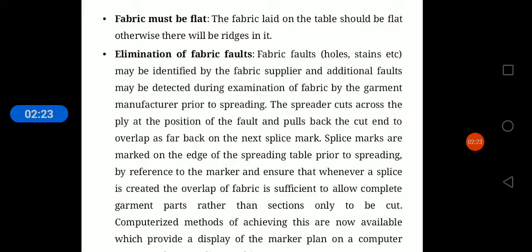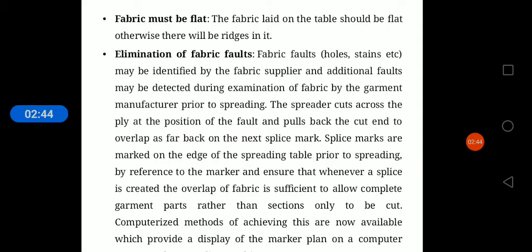Splice marks are marked on the edge of the spreading table prior to spreading by reference to the marker, and ensure that whenever a splice is created, the overlap of fabric is sufficient to allow complete garment parts rather than sections only to be cut.